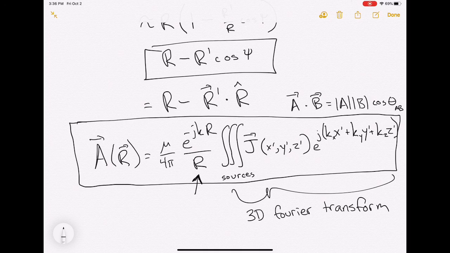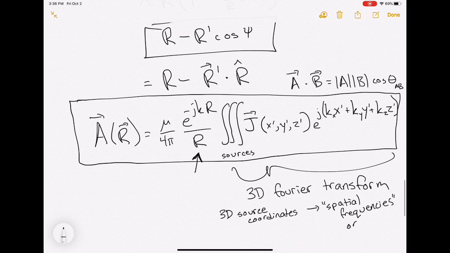I know you're used to thinking about Fourier transforms in terms of time and frequency, but this one moves between 3D source coordinates and what we call spatial frequencies, or angle space.